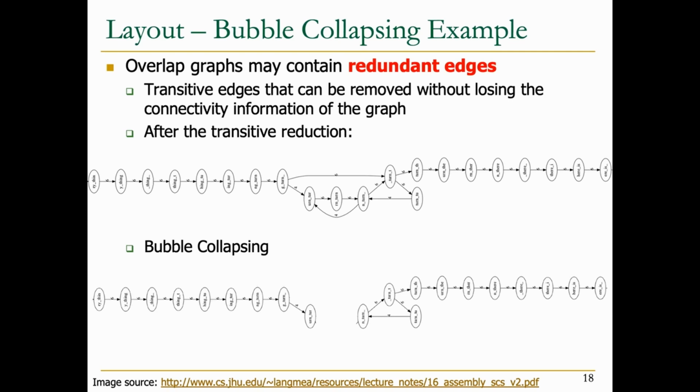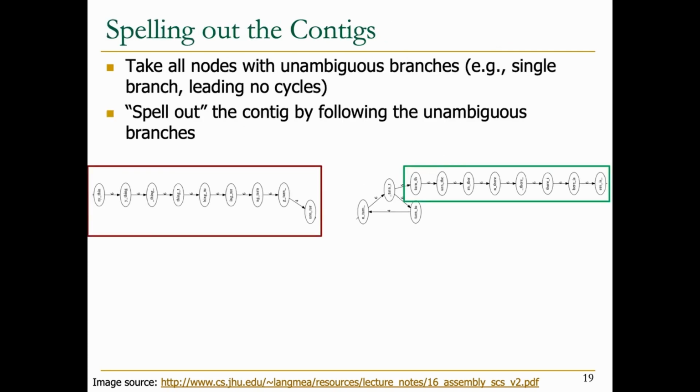So, all right, the next step is essentially we want to spell out the contigs. We want to spell out the pieces of the assembly from this overlap graph so that we can construct the de novo assembly from the overlap graph that we just constructed and cleaned up with the layout step.